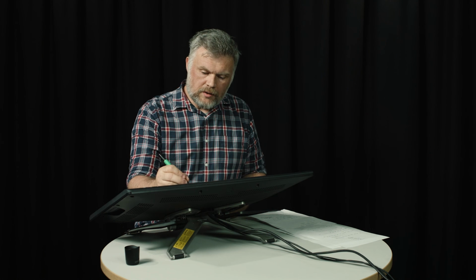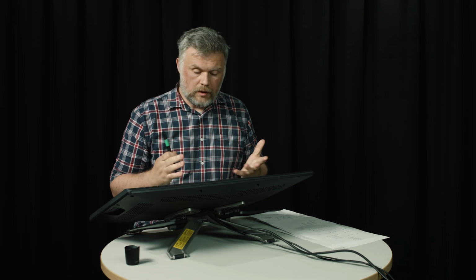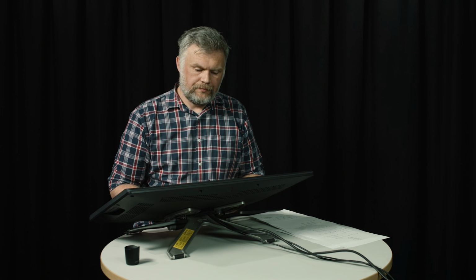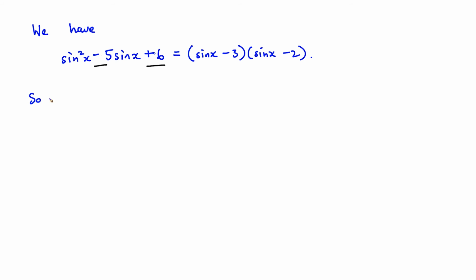And now when we're trying to solve this equal to 0, then we just want sine x minus 3 to be 0 or sine x minus 2 to be 0. So the solutions are sine x equals 3 or sine x equals 2.